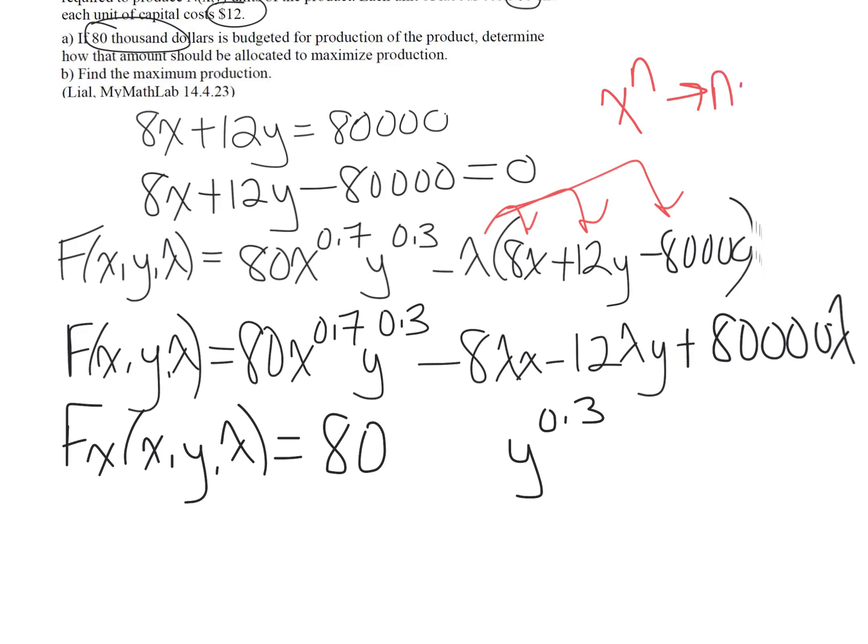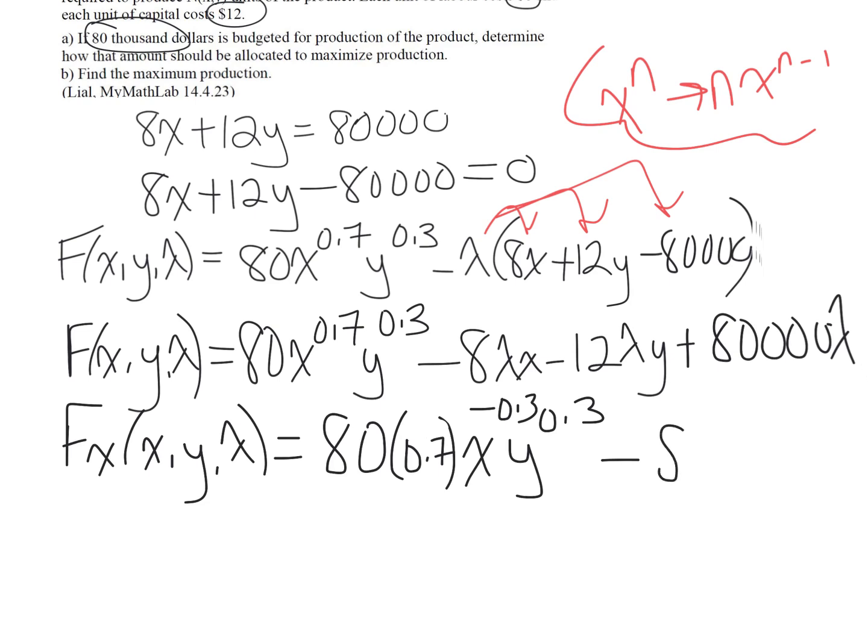The derivative is n x to the n minus 1. That's what we've been doing all along. So here we have 0.7, and we have x to the 0.7 minus 1. That's negative 0.3. Yeah? And then minus 8 lambda.